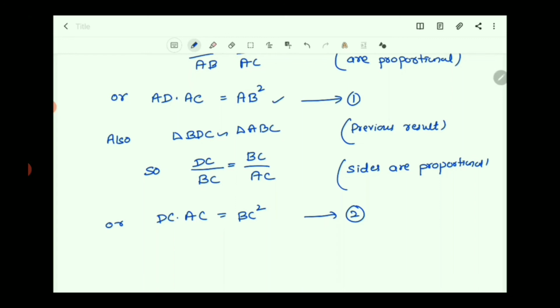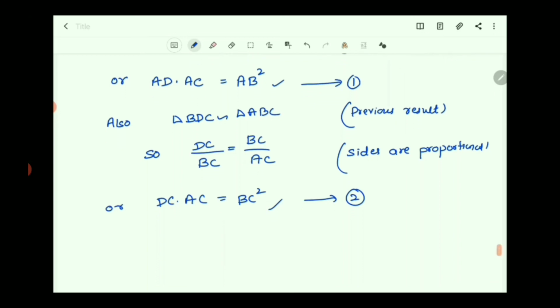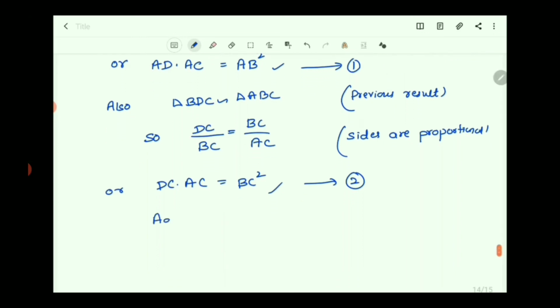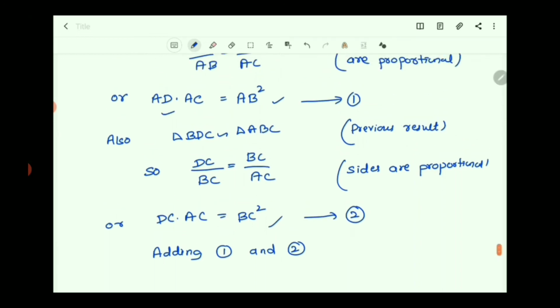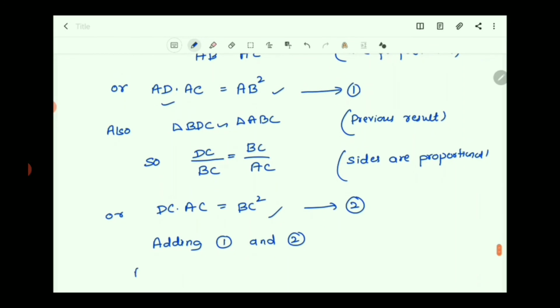By adding first and second, add the LHS to the LHS and the RHS to the RHS.